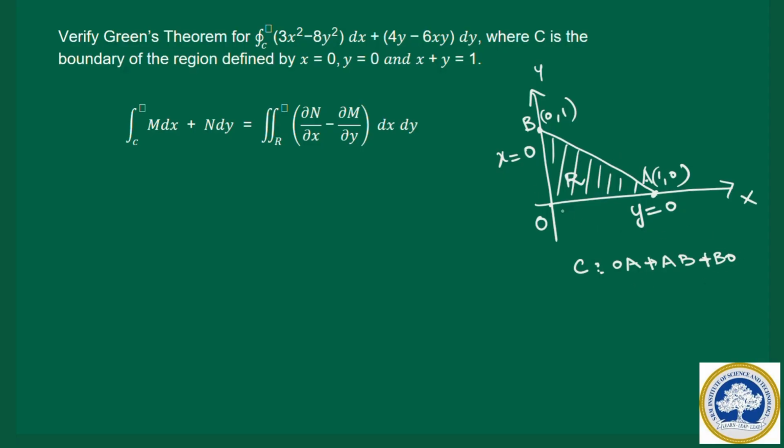Altogether, these three straight lines give you the closed curve C, and the inside region is represented as R.